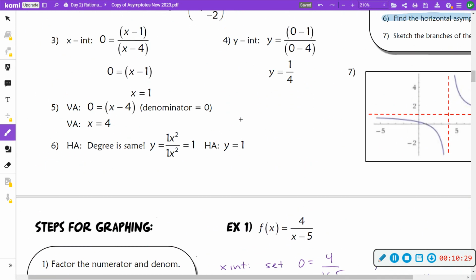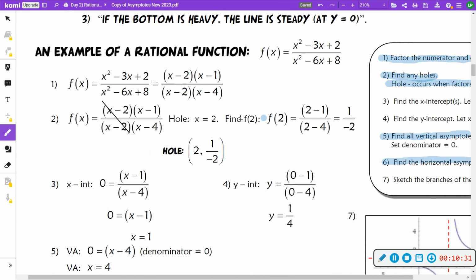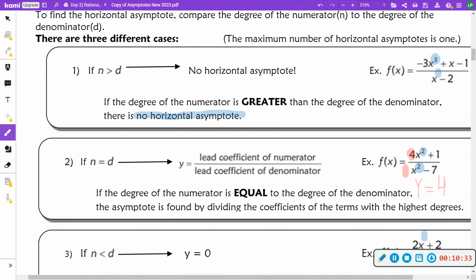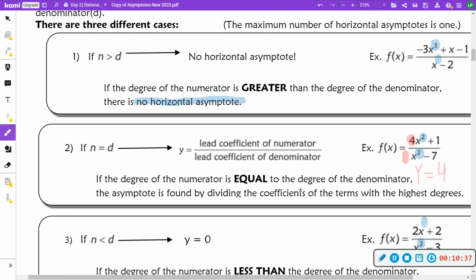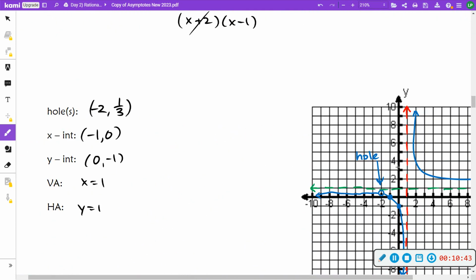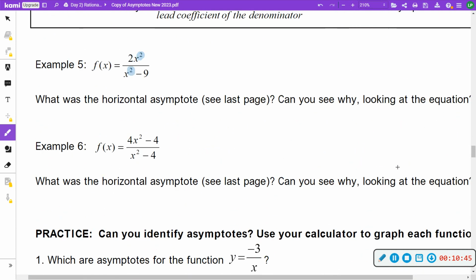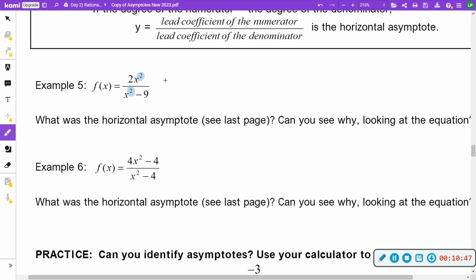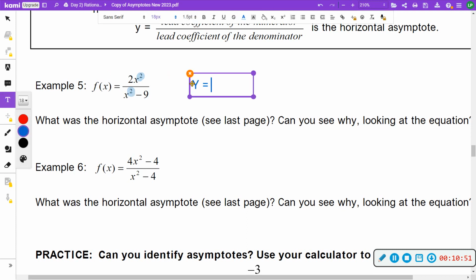The horizontal asymptote, when they're equal, is found by dividing the coefficients of the terms with the highest degrees. So I do 4 divided by 1. So I would do the same thing down here, and I would do 2 divided by 1. And horizontal, remember, is y equals. So that'd be y equals 2 divided by 1, which is just 2.